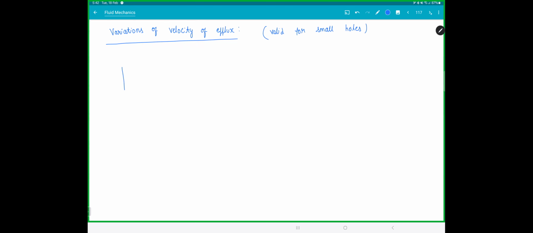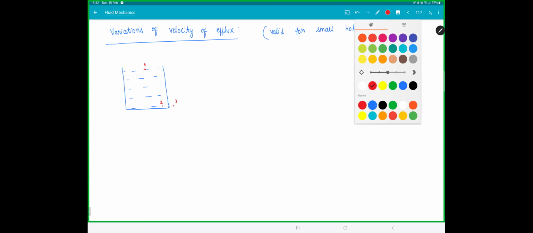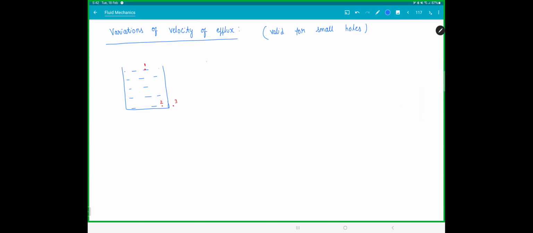So first of all, let's say you have a container here. Consider this point is 1, this is 2, and this is 3. 1 is on the surface, 2 and 3 are just inside and just outside the hole.